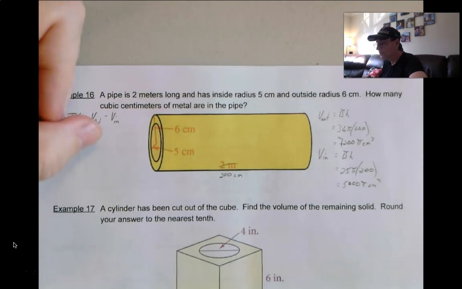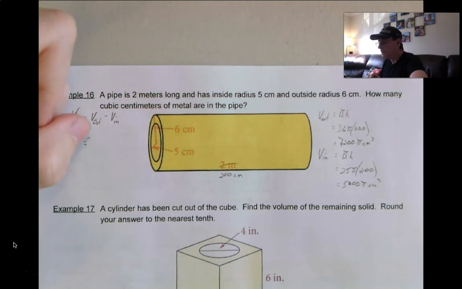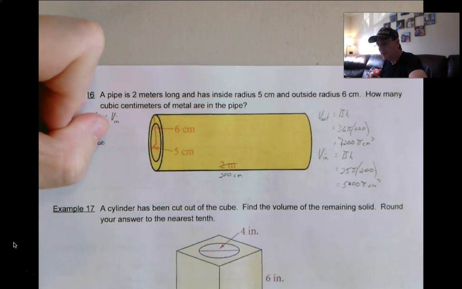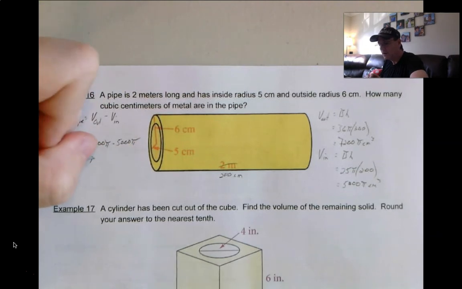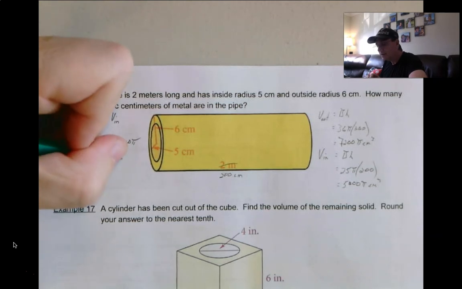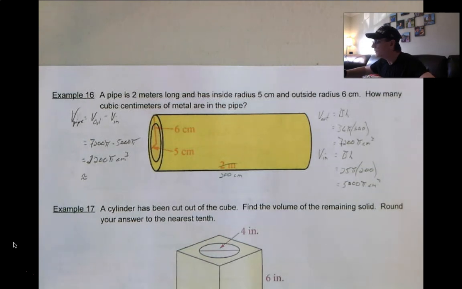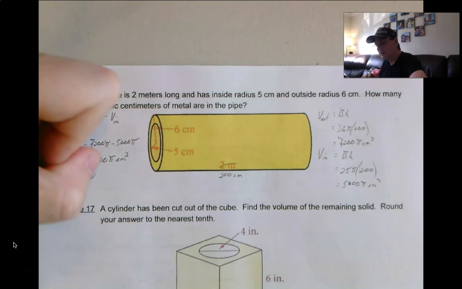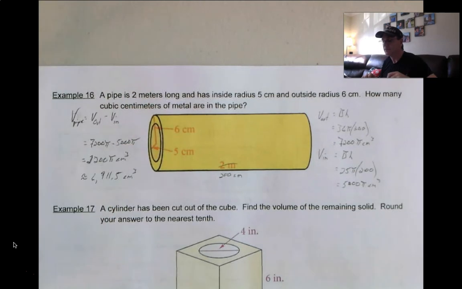So volume of the pipe is equal to 7,200 pi minus 5,000 pi, or 2,200 pi centimeters cubed, or approximately 2,200 times pi, approximately 6,911.5 centimeters cubed.